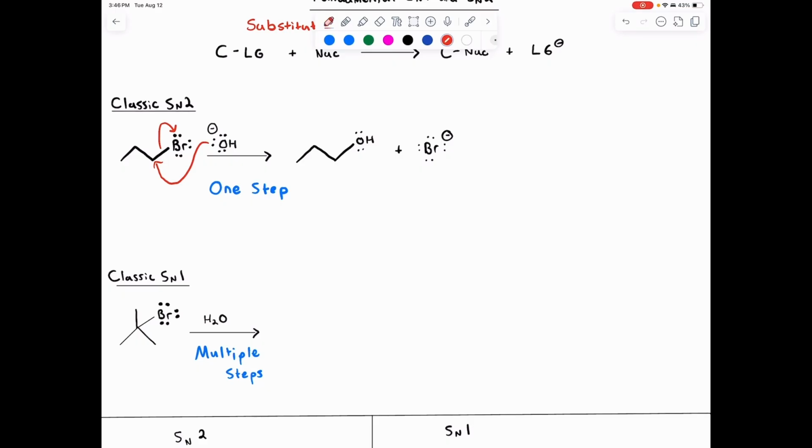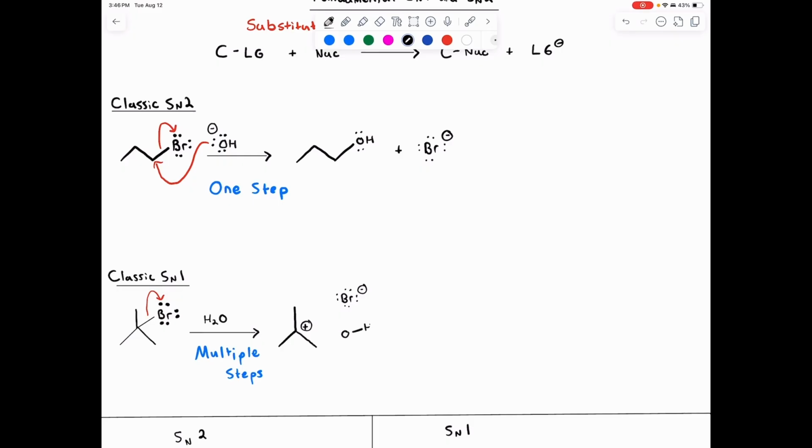The first step of SN1 is our leaving group leaves. That's it. When our leaving group leaves, we generate a carbocation. So what we have floating around in solution is our leaving group, and after it's left, we have our carbocation.